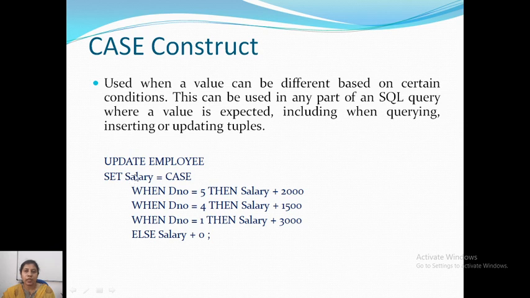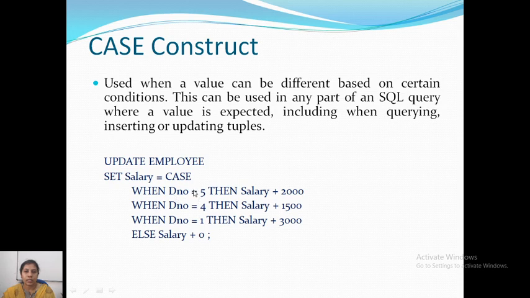Here you can see we are updating the employee table, and the salary is updated according to these values. You need to write CASE, then these keywords, WHEN department number equal to 5. This is the condition.